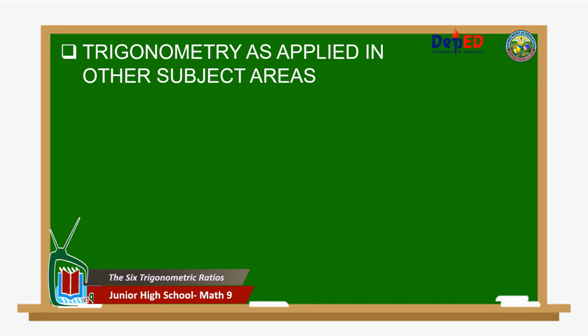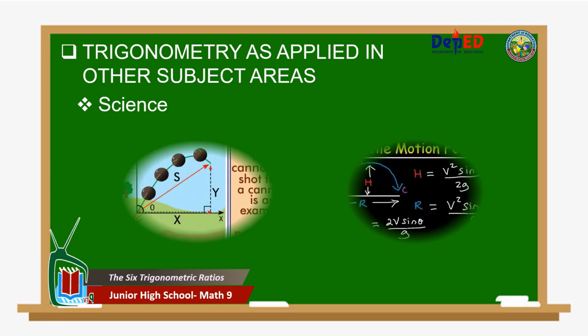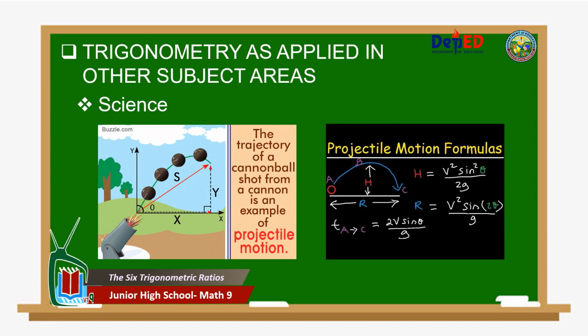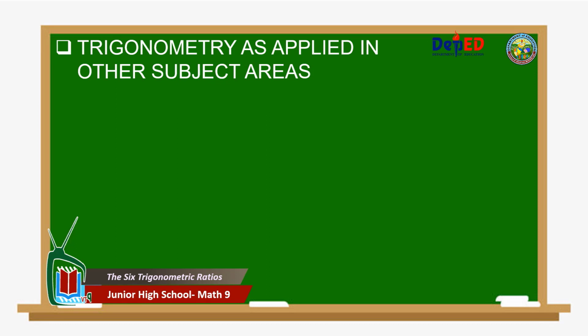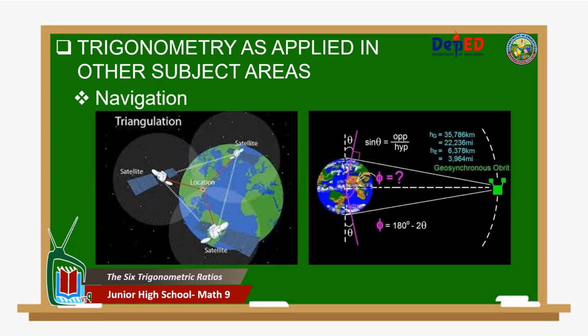Trigonometry is also applied in other subject areas. For instance, in science, it is applied in projectile motion. It is also used in navigation in order to pinpoint a certain location.